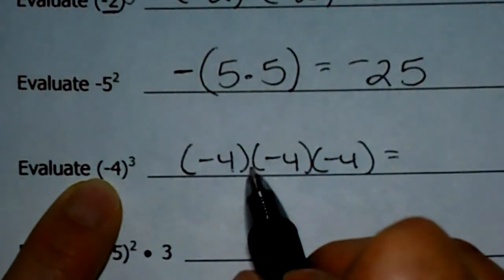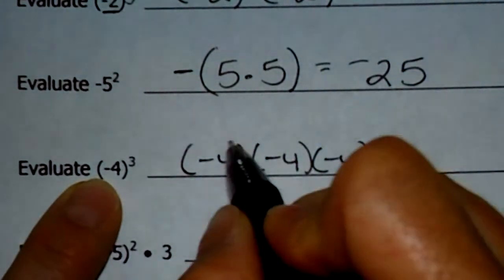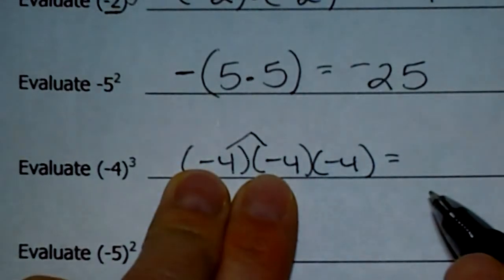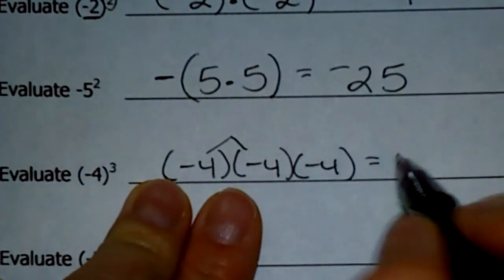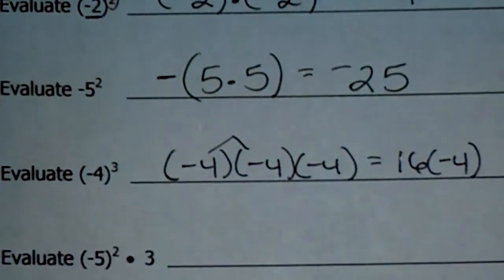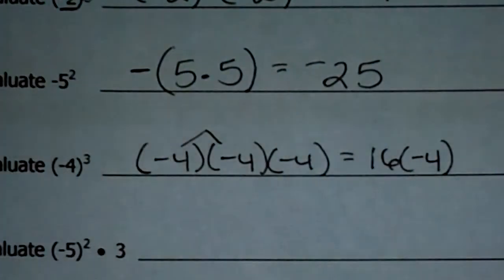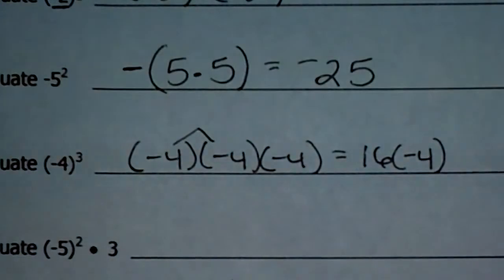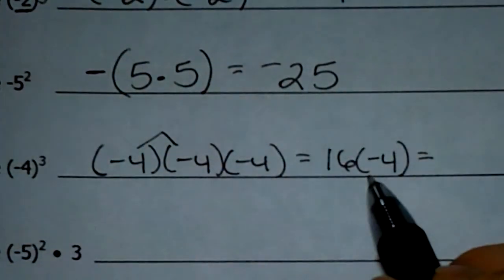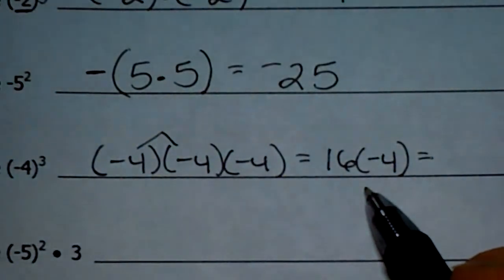So this one, I would just go from left to right. When you take a negative 4 multiplied by another negative 4, negative times a negative is positive, and 4 times 4 is 16. And I still now need to multiply that by one more negative 4, right? So when you take 16 and multiply it by a negative 4, some of you, when you look at this, you already know the answer is negative 64.